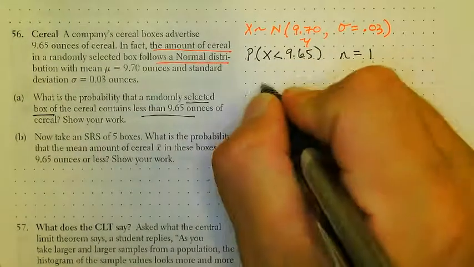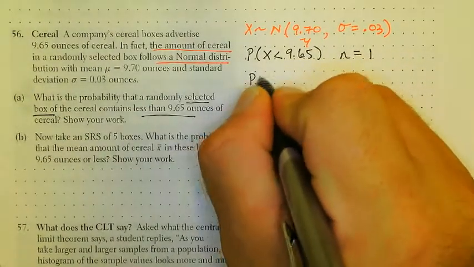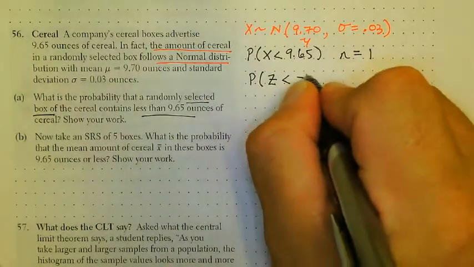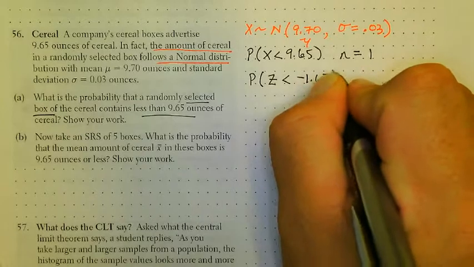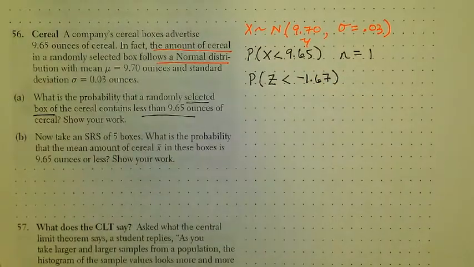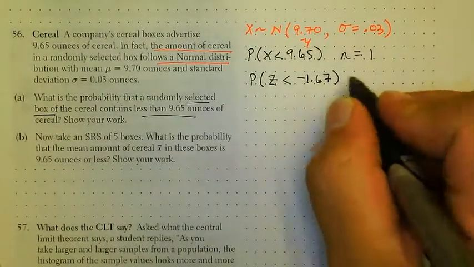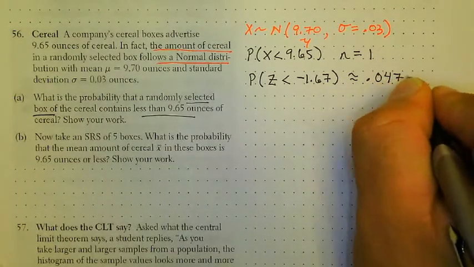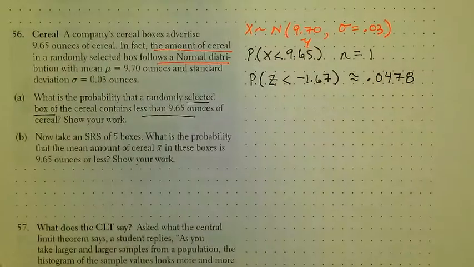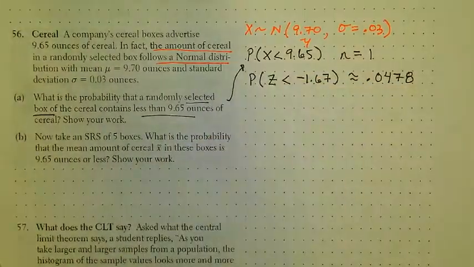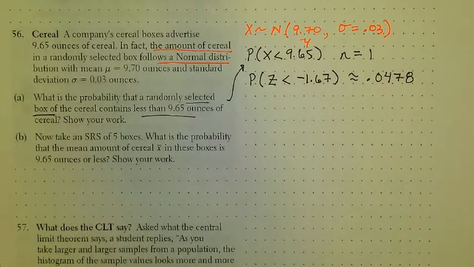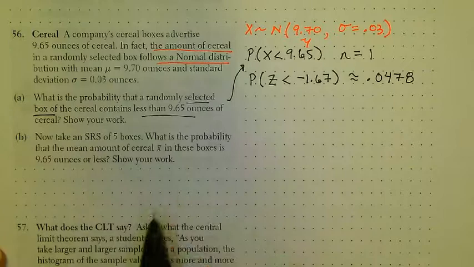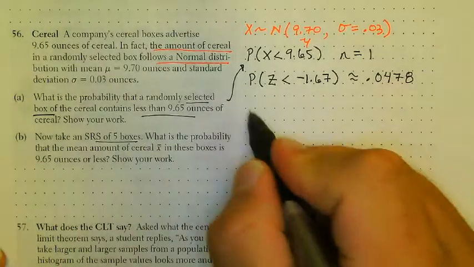Of course, we know that we need to do our conversion, so that's going to be the same as the probability that Z is less than negative 1.67. And using our table or using our calculator, we calculate that value to be 0.0478.